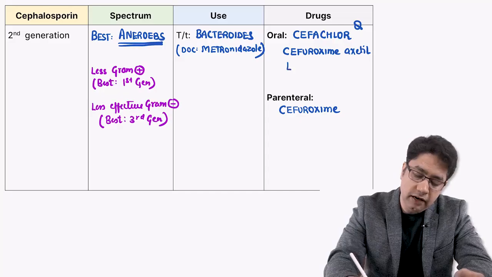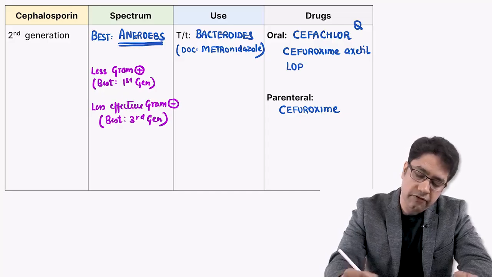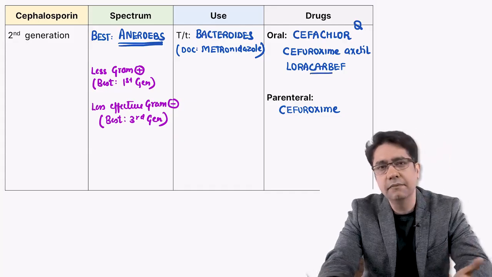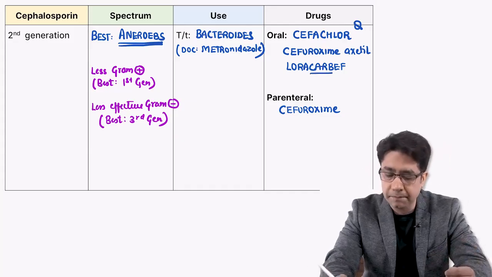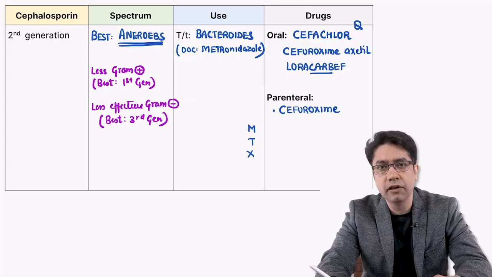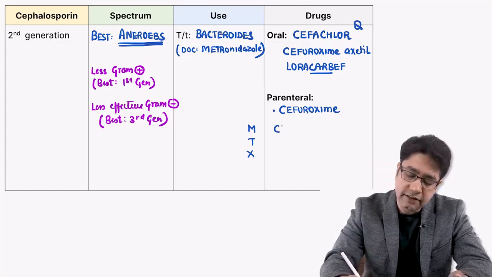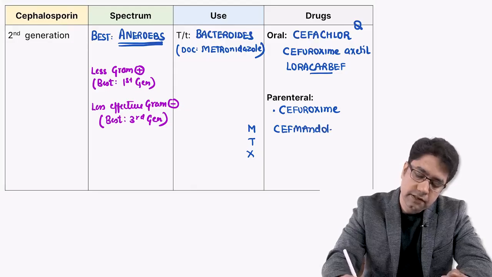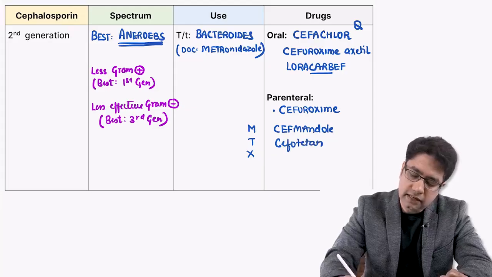And lastly, an oral drug is loracarbef. If you do not remember this drug, it will be fine, but remember the carb word is coming, it is a type of carbapenem. Now, other parenteral antibiotics in cephalosporins which are second generation, remember the mnemonic MTX: cefmenoxime, cefotetan, and cefoxitin.